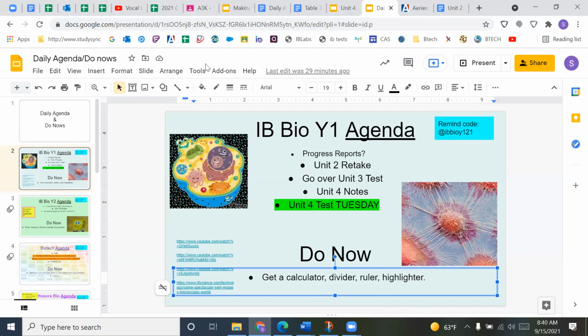Now we need to find our size of specimen. This is the part that's hard. So to find our size of specimen, what are we going to do first? Measure the scale bar. I'm going to measure my scale bar. It's 90. Okay, so this is 90 millimeters. Okay, what do I do next?